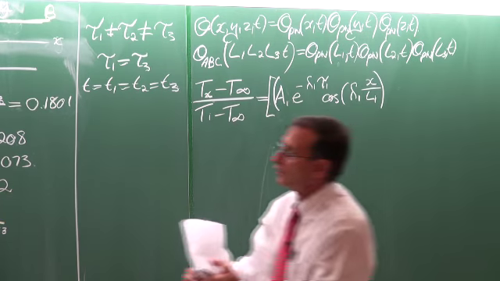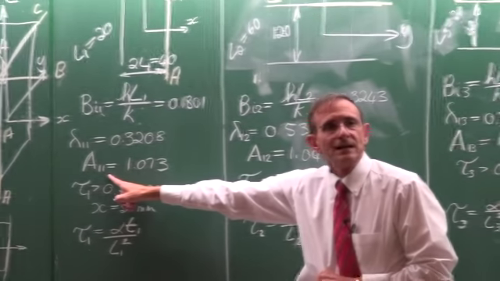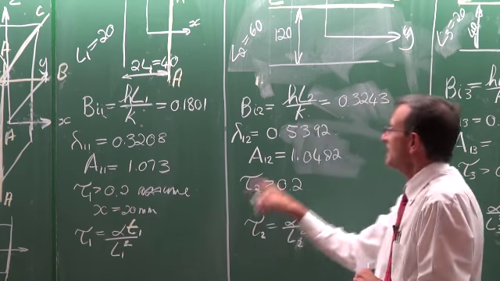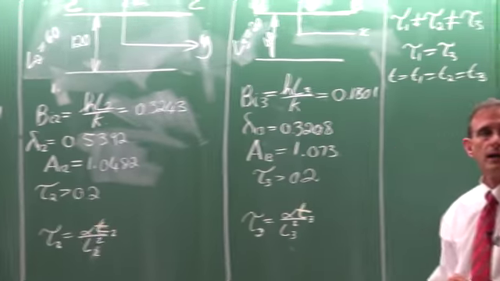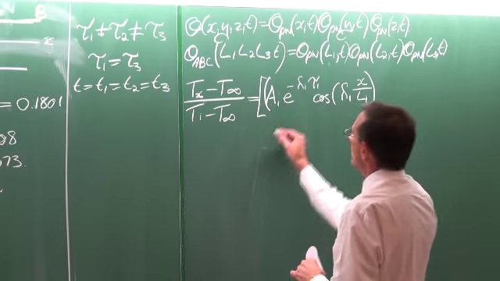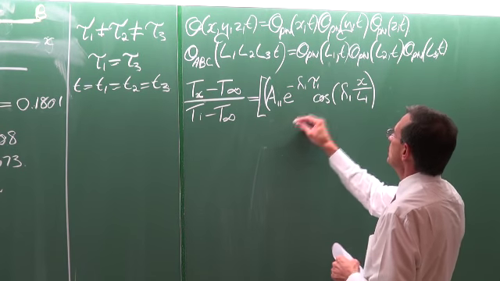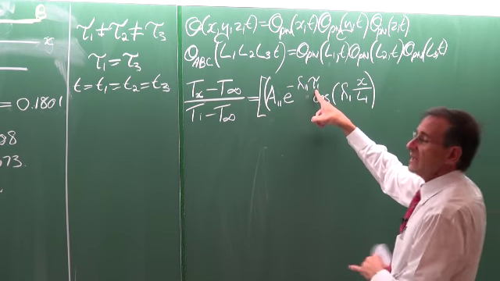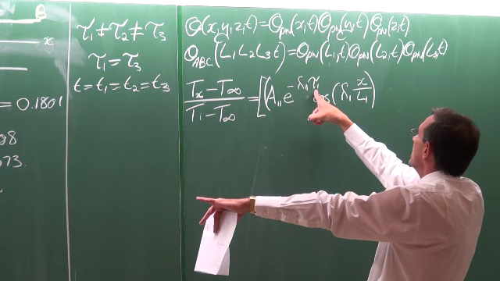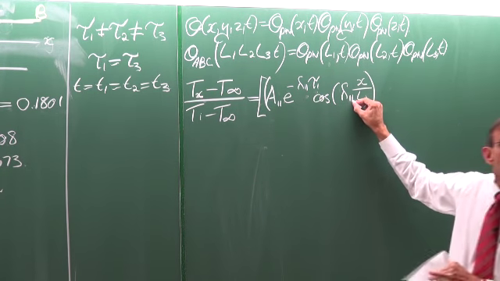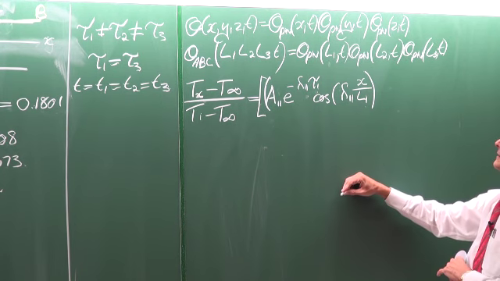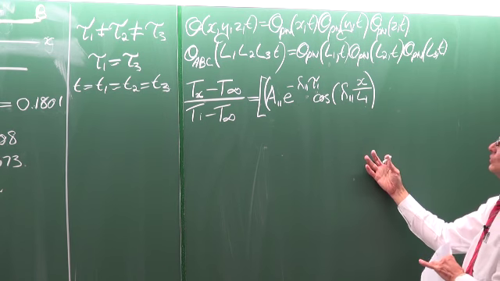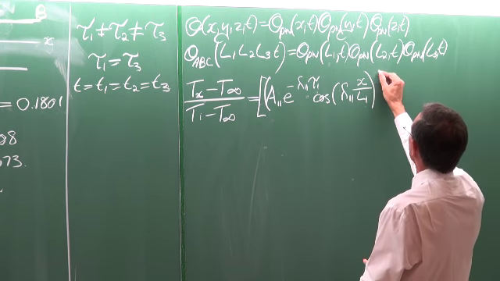And that is why I've indicated them: let's call this A1 of the first equation, A1 of the second equation, and A1 of the third equation. So that should be for the first equation. It's the lambda of the first equation, it is the tau of the first equation, the lambda of the first equation. You agree? That is how it's going to be as the first term.